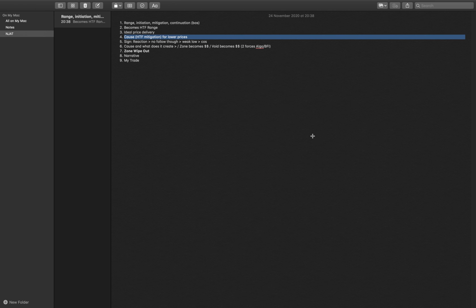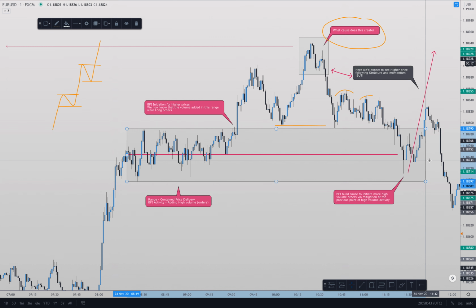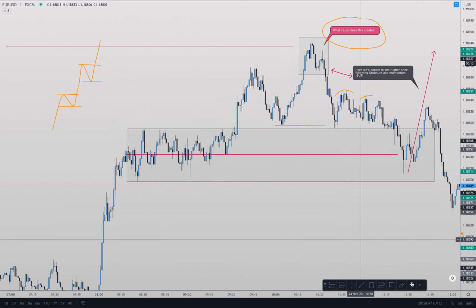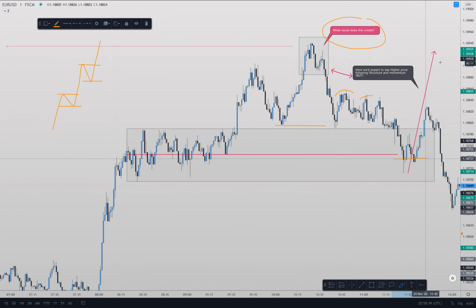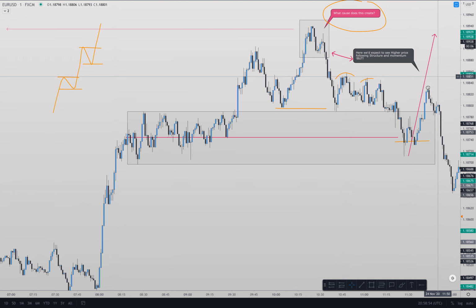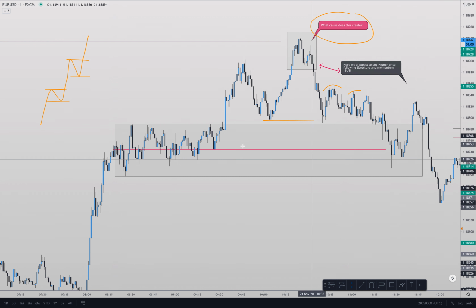And one thing, we have this zone that has failed to have a reaction. Sorry, we've had a reaction, but it's failed to follow through to higher prices. Now, what does this become? Well, this becomes cause to support lower prices. Why?